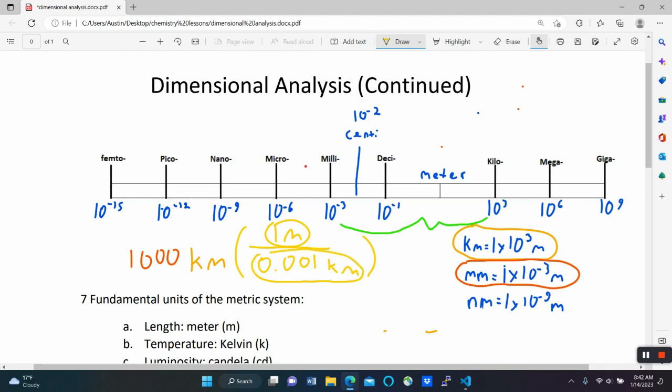So whenever your conversion factor is greater than 1, then your decimal is moving to the right. So 1,000 kilometers is going to be 1 times 10 to the 6th meters.